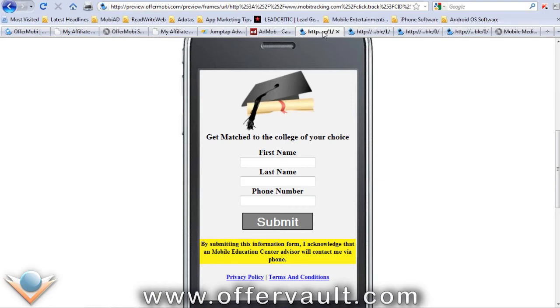And is this form more difficult than the other form that might pay 1/3 as much, but it converts 5 times higher? Well, if it pays 1/3 as much as the other form, but converts 5 times higher, guess what? You make more money. So I think that's a really important thing to consider. And I see affiliates make that mistake all the time.